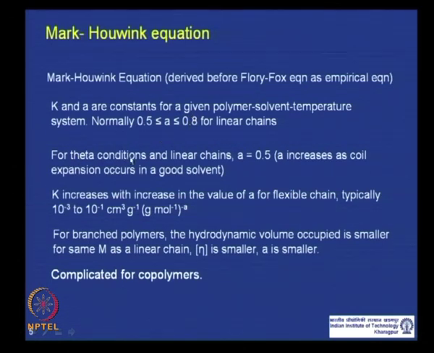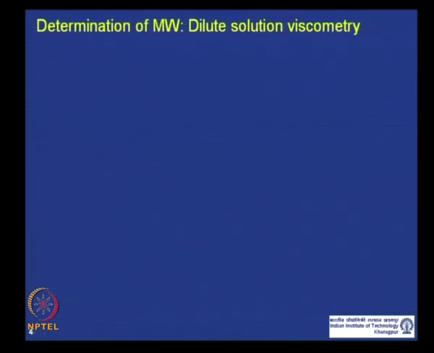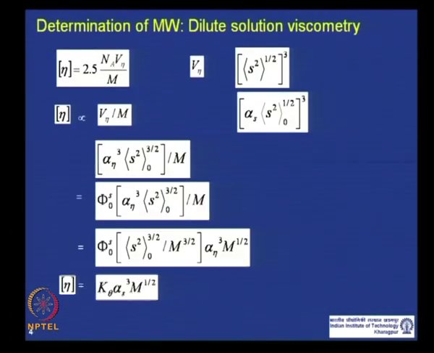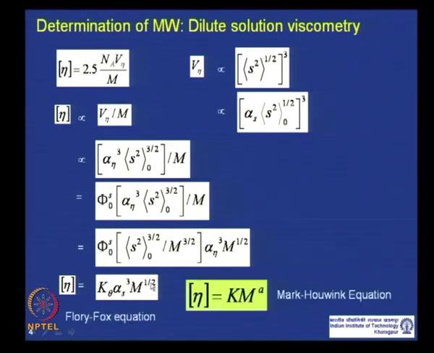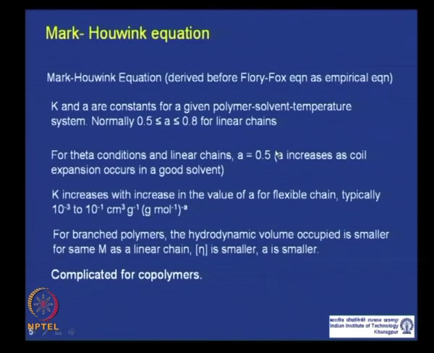And for theta condition, what we have seen earlier, what is the value of the expansion factor for theta condition? It was 1. So, if this is 1, then for theta conditions the a value would be 0.5.